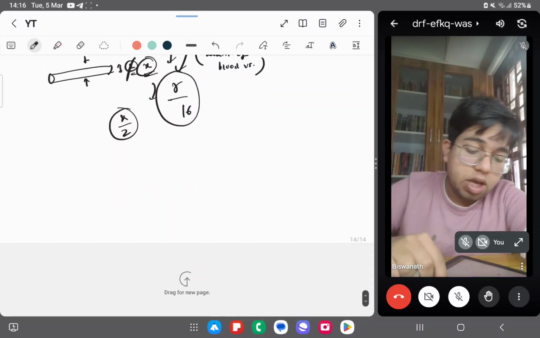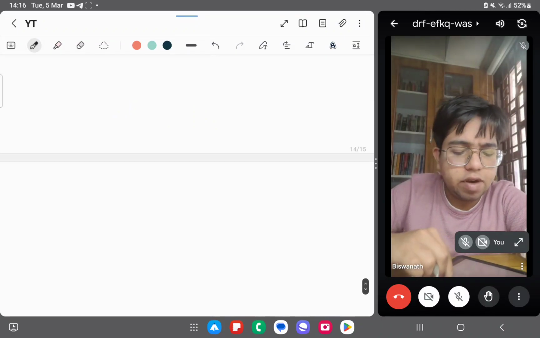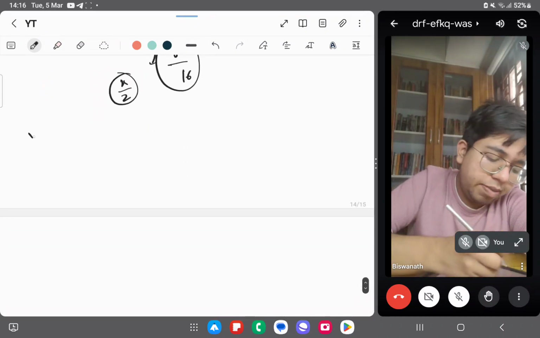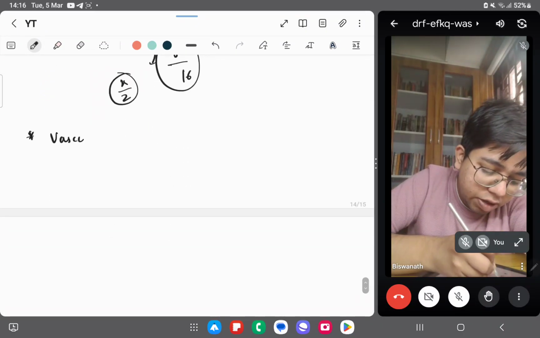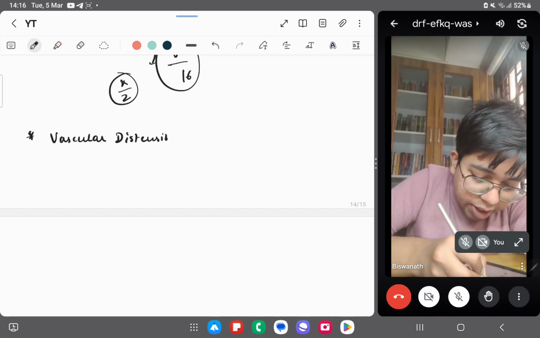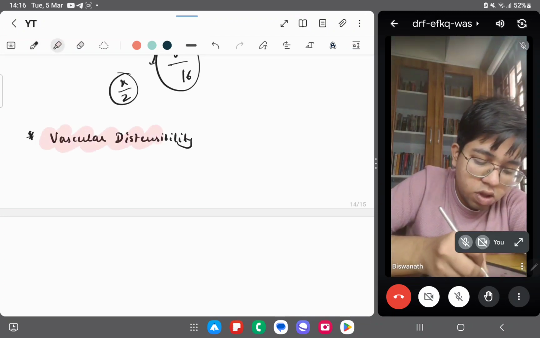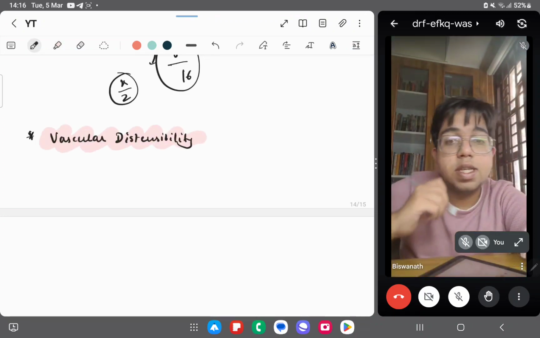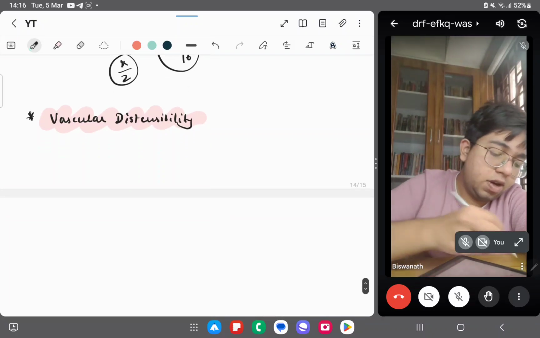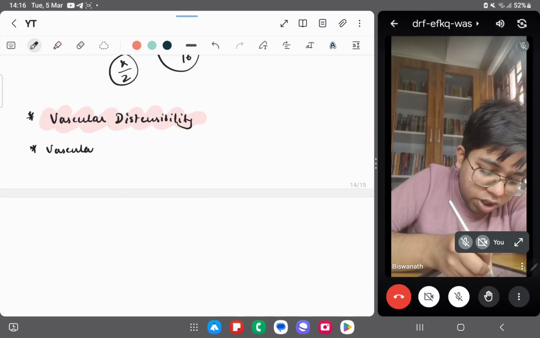Last but not the least, two more things we have. One is vascular distensibility, and another thing is called vascular compliance.